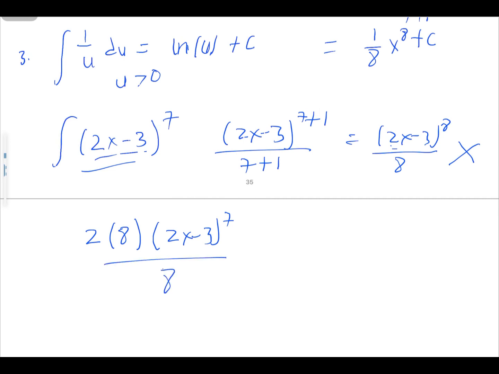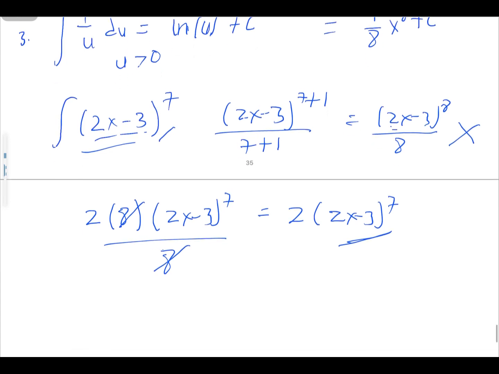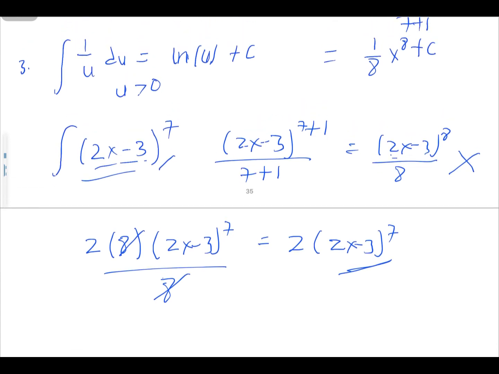And here, don't forget it's over 8, so the 8 will cancel. Now we get 2 times (2x minus 3)^7. So you can see that this function is not equal to the original function. That means the route that we passed here is incorrect.